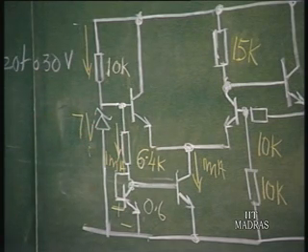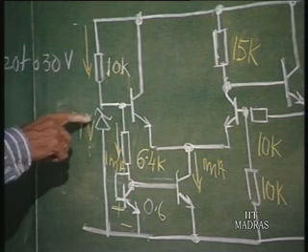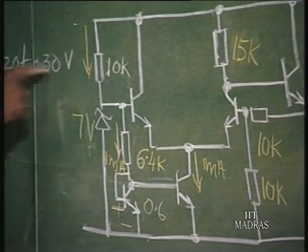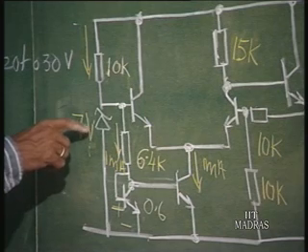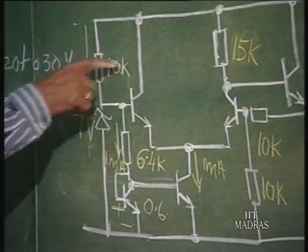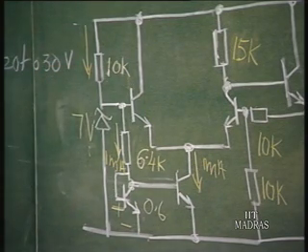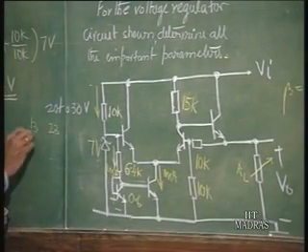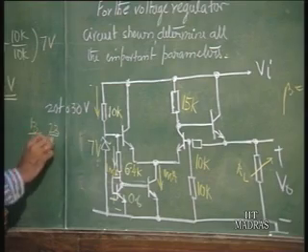Okay. So, meanwhile, we are ignoring the current drawn by the transistor, of course. So, this current is going to be Vi, which is varying from 20 to 30, minus 7 volts, divided by 10 K. So, basically this current is varying from, let us say, 20 minus 7 is 13, okay, 30 minus 7 is 23, by 10 k.